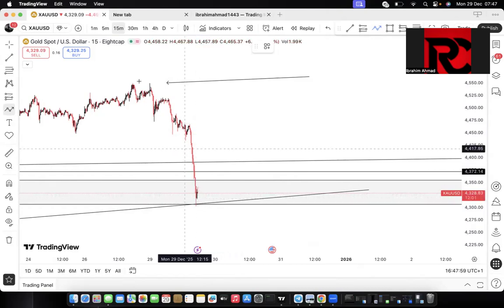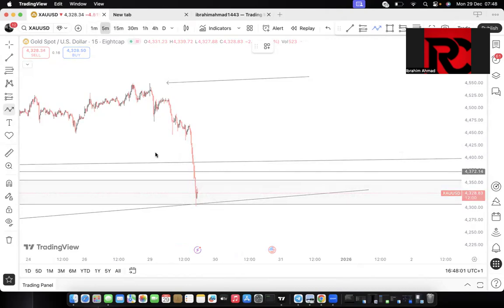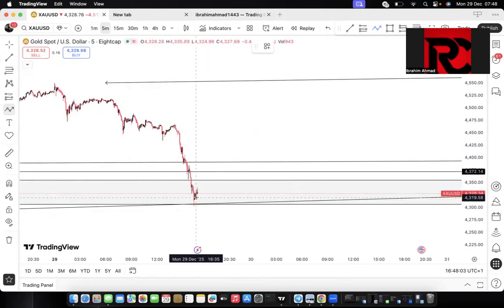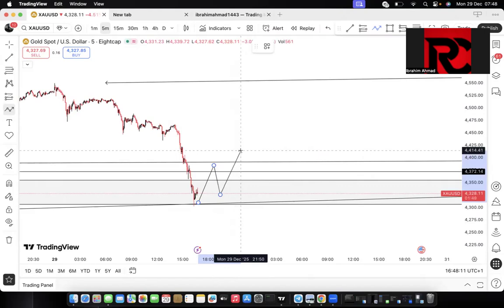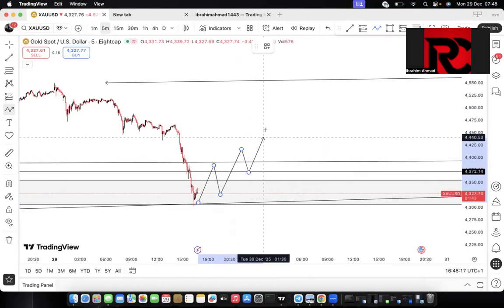So you need to see a market structure shift on the lower time frame. Okay, let's go to, let's say, maybe the 5-minute time frame. So you need to see a market structure shift form on the small time frame, something like this. Okay, and you can find an entry somewhere around here, and you target the all-time high.